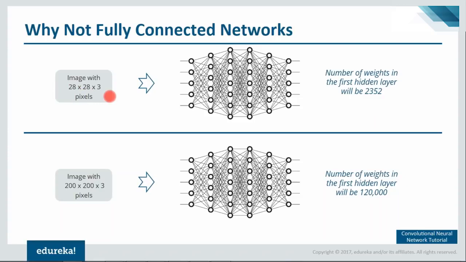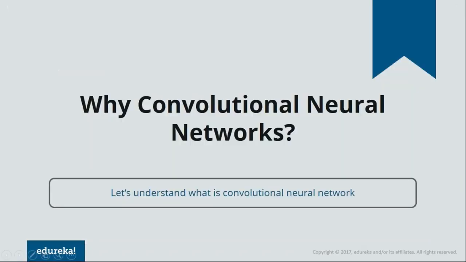Whatever images we have are definitely above 200 cross 200 cross 3 pixels. So if I take an image which has 200 cross 200 cross 3 pixels and feed it to a fully connected network, the number of weights required at the first hidden layer itself will be 120,000, guys. So we need to deal with such a huge number of parameters, and obviously we require more neurons. That can eventually lead to overfitting. That's why we cannot use a fully connected network for image classification.